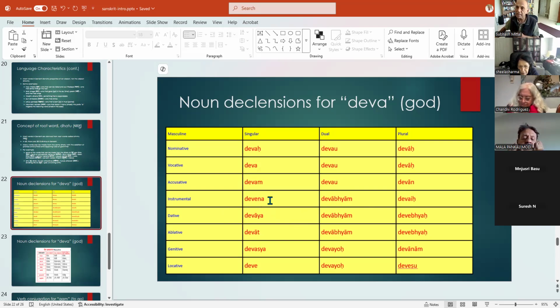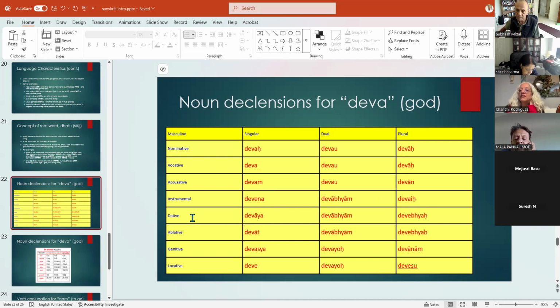This is done by Deva. Let's say the example, the book is being read by Deva. So Devena pustakam pathyate. That's how we'll say by Deva, this work is being done. The book is being read by Deva. Then two of them Devabhyam and plural Devaihi.